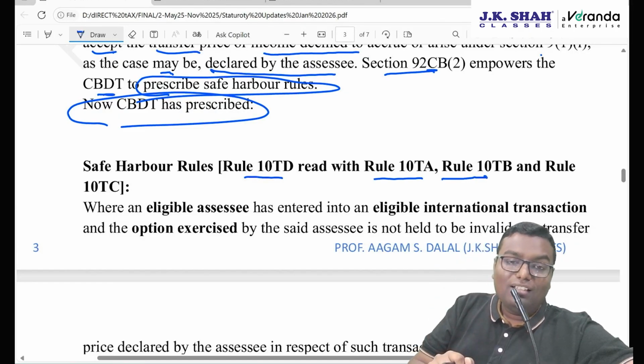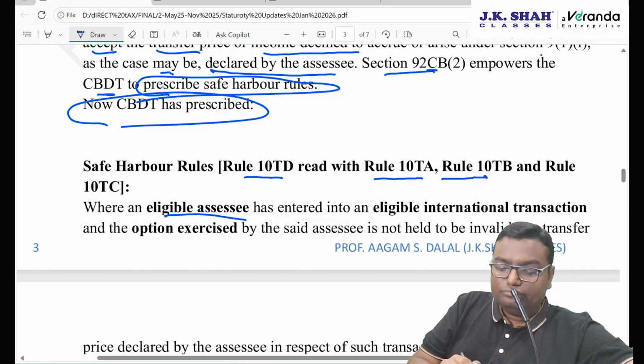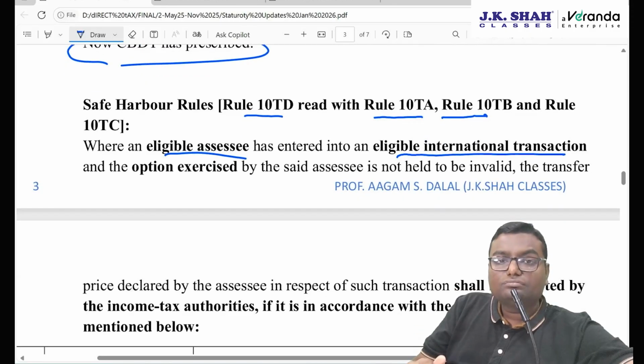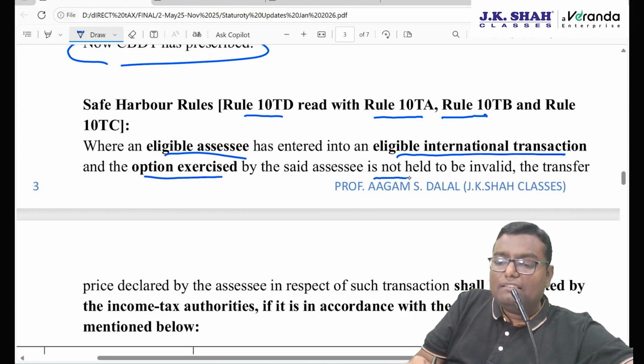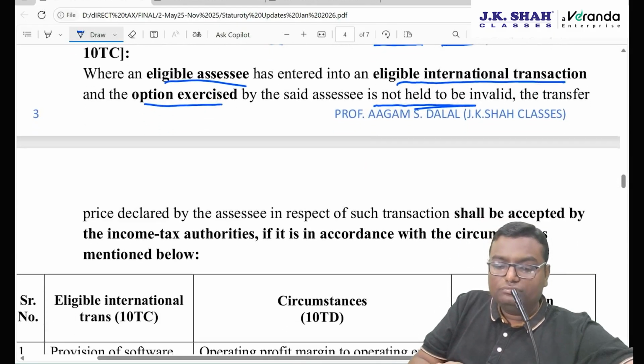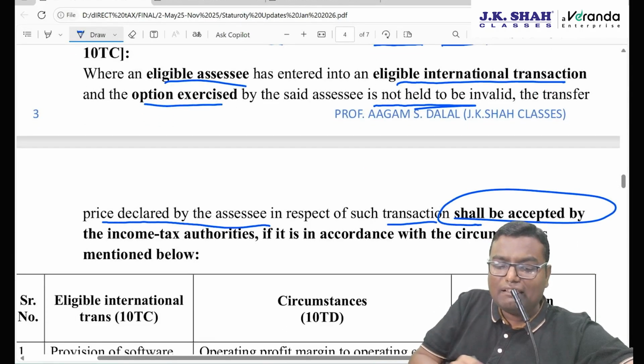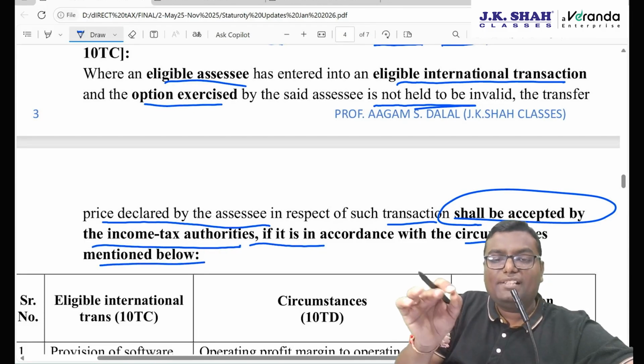Okay. If you are an eligible assessee, you have entered into an eligible international transaction, and the option is exercised and not held as invalid, then the transfer price declared by the assessee for such transaction shall be accepted by income tax authorities if it is in accordance with the circumstances mentioned below.